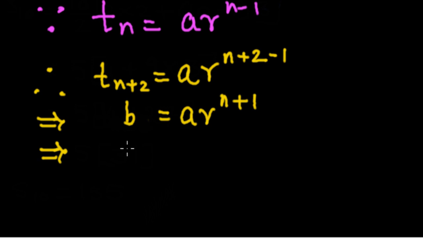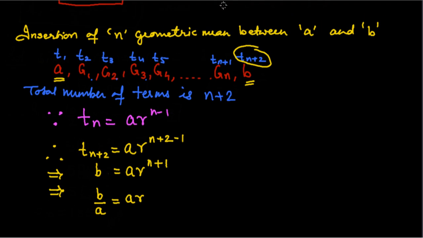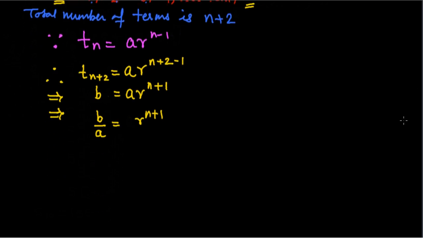Now b upon a is equal to r power n plus 1. We cross multiply a to the left side, and here we get b upon a.